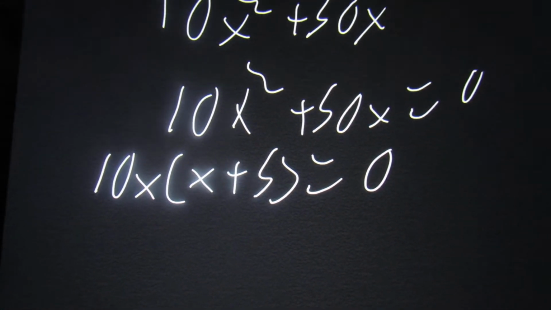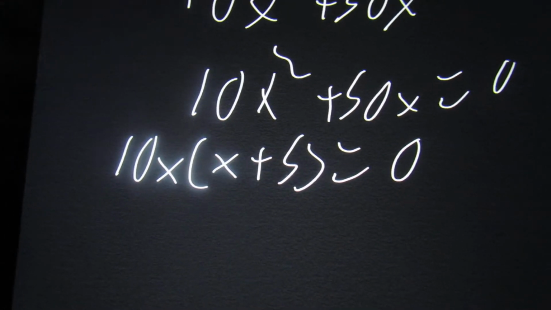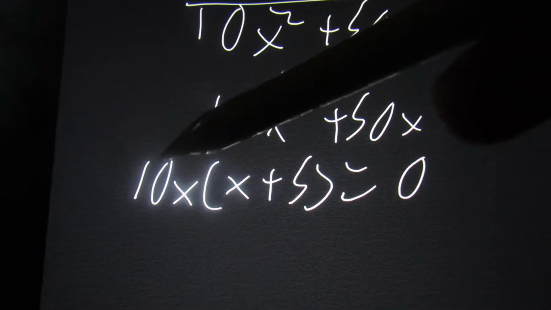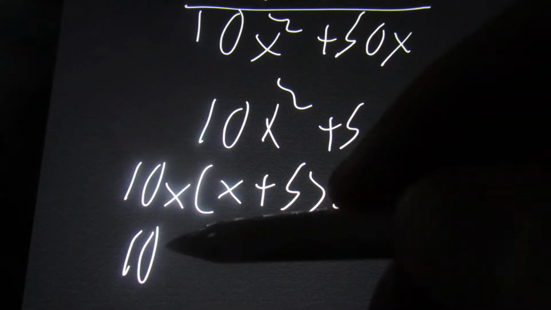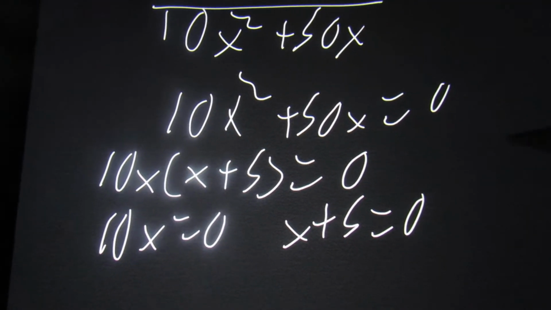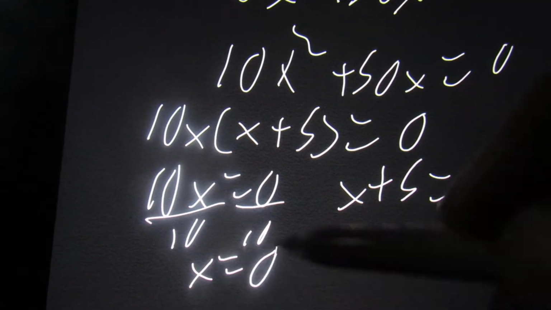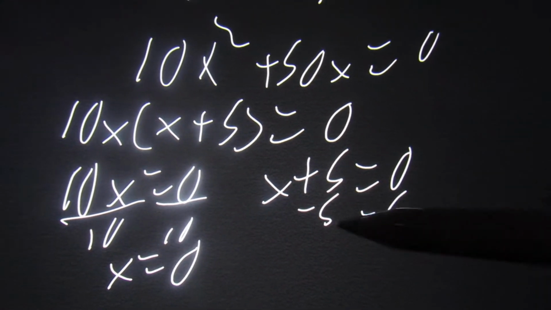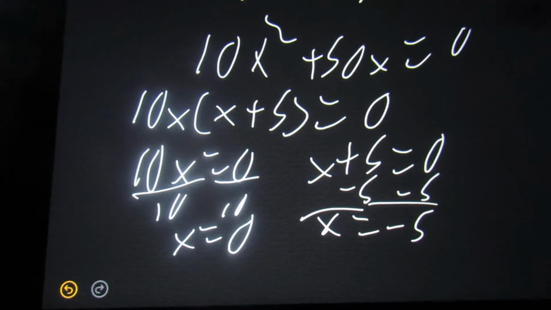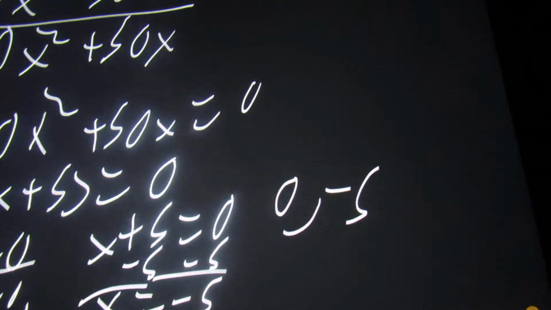Now, I did explain in a chapter 7 video that what we do here is set each of these factors to 0. So 10x equals 0, and x plus 5 equals 0. Here, divide both sides by 10, and we get x equals 0. Subtract 5, and we get x equals negative 5. So this is undefined at 0 and negative 5.